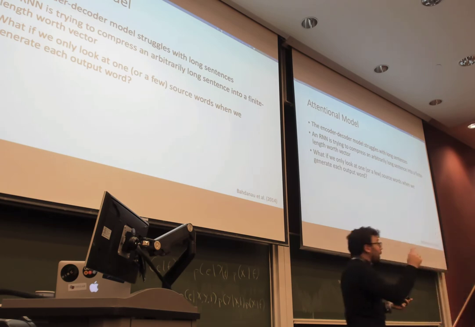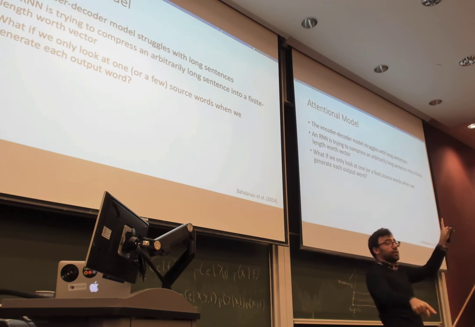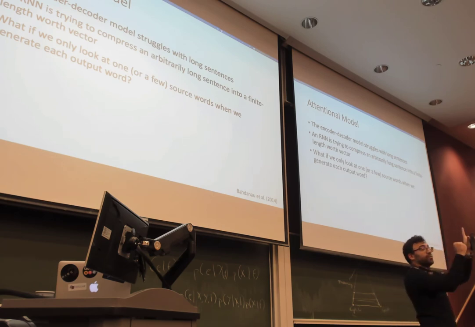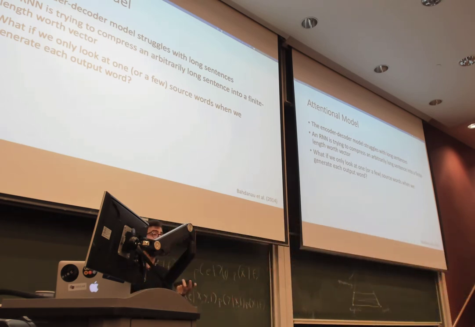Now instead, what if every time we want to generate a new word on the target side, we look back at the source and we decide where we want to translate. So the idea is like we want to pay attention to a specific part of the source, and given that, receive a vector that we will use to translate. Okay? And hence, this is called the attention mechanism.